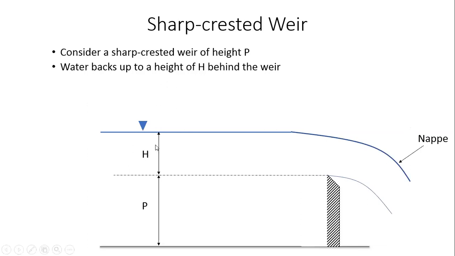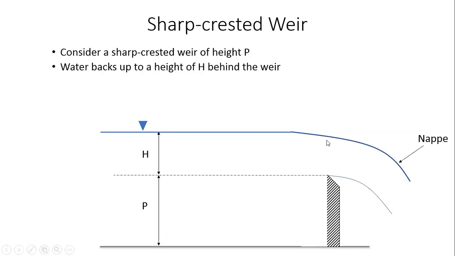Then, as you can see, if you go a certain distance behind the weir, the height of the water surface is capital H above the weir. But as I approach the weir, the water surface gently curves, and by the time I reach the weir, the water surface has dropped a little bit. It's not capital H over here.